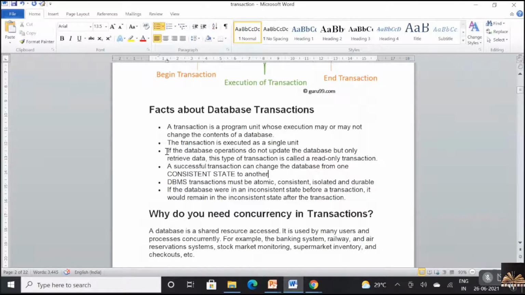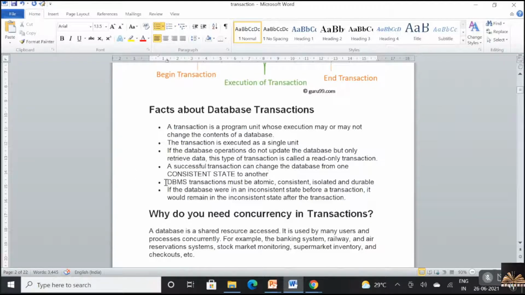And a successful transaction can change the database from one consistent state to another consistent state. So before the start of a transaction, if the database was in a consistent state C1, after the execution of a transaction, it might move to another consistent state C2.